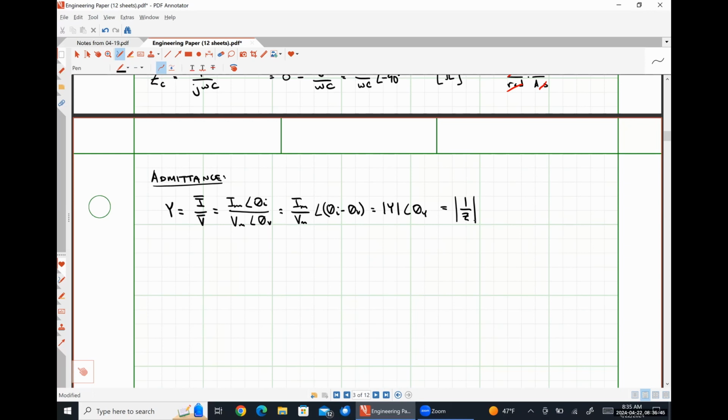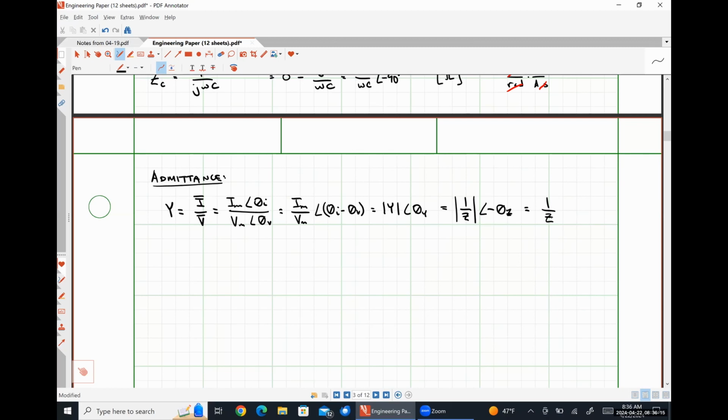And then our angle theta I minus theta V is nothing more than the negative of the angle of our impedance. So this is literally nothing more than 1 over Z. So that's what we have in polar form.